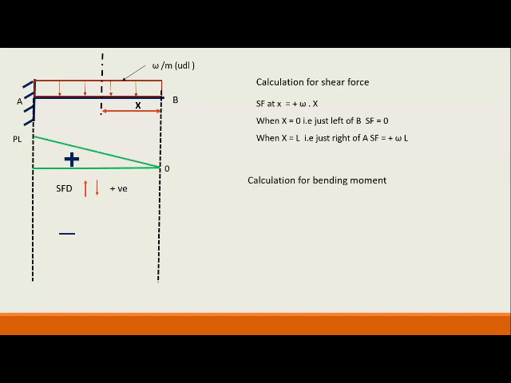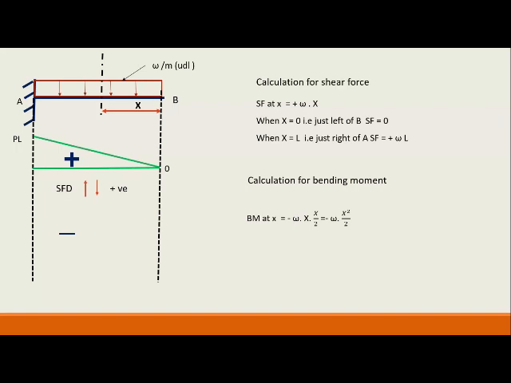Let us go for the calculation of bending moment, and the bending moment equation will be the load into perpendicular distance. As the load is known to us, omega into x. And what should be the perpendicular distance? Because it is a UDL, the distance should be taken from the section about which we will take the bending moment up to the CG of the load intensity diagram always.